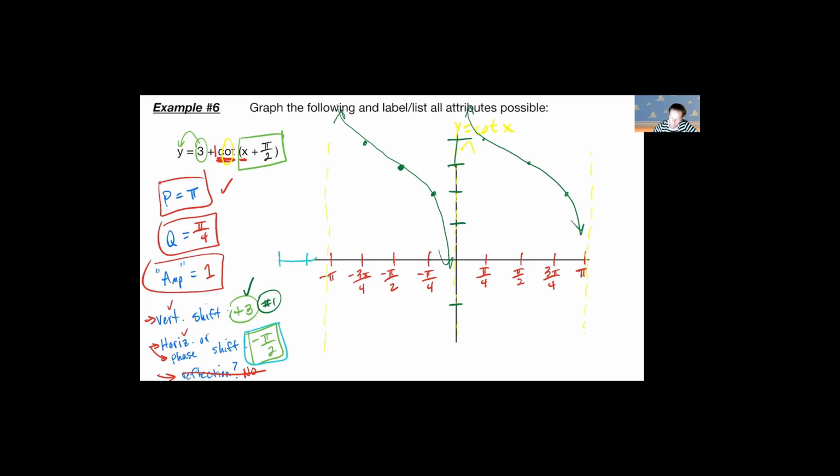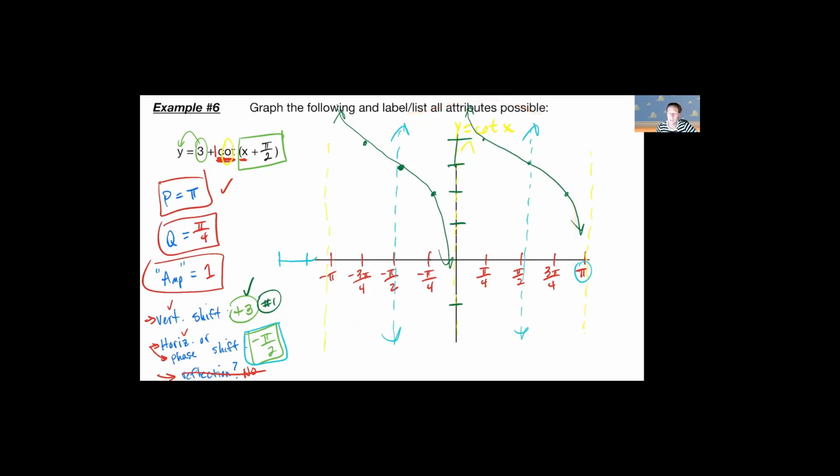a few more values. So I'm going to start by going pi over 2 to the left, which means this is going to change to there. The 0 is going to change to there. And if you notice, unfortunately, that looks a whole lot like what?